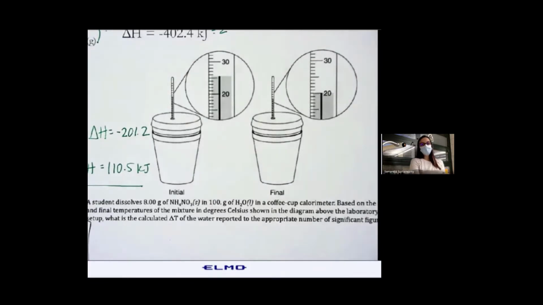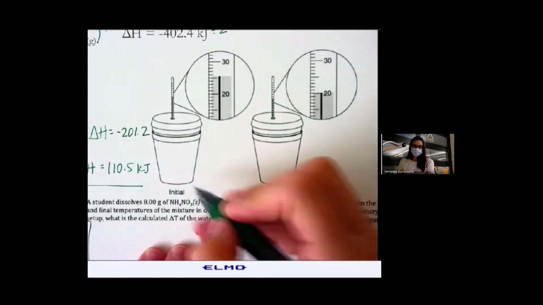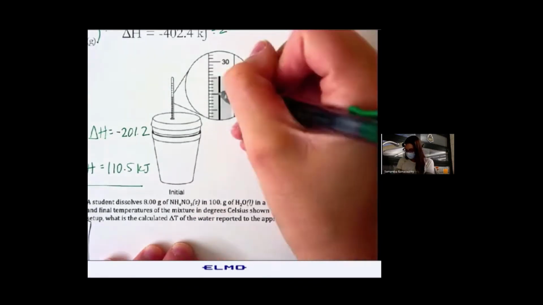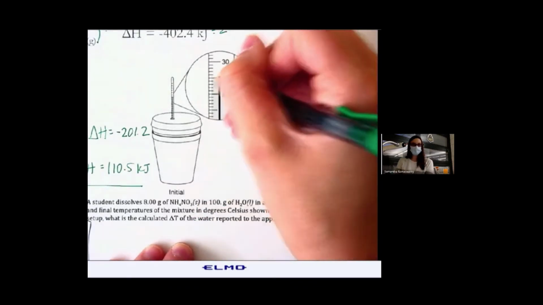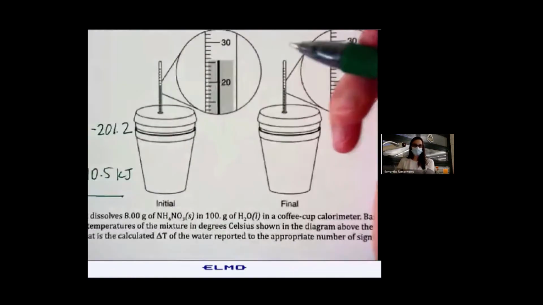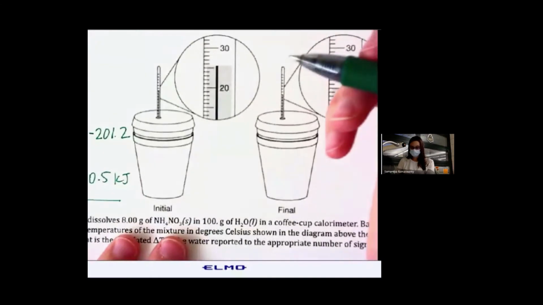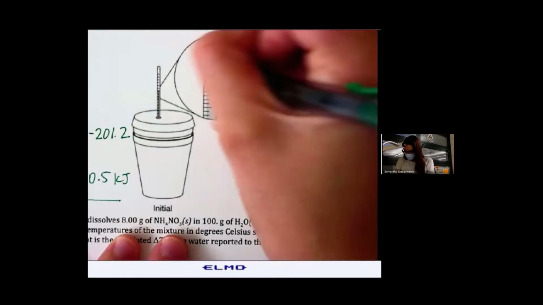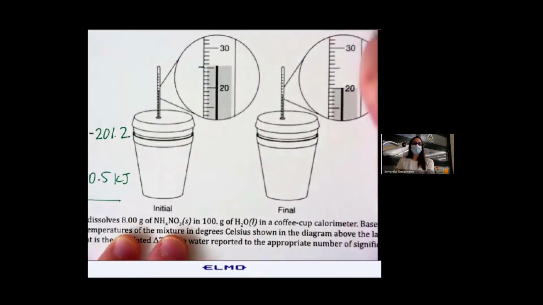So when it comes to reading a thermometer, reading anything, a ruler, you measure what you know, and then you can estimate one place past that. So if I look at this initial thermometer, each one of these lines represents 1 degree Celsius. If I zoom in even more, so you can see it up close, this large line represents 25.